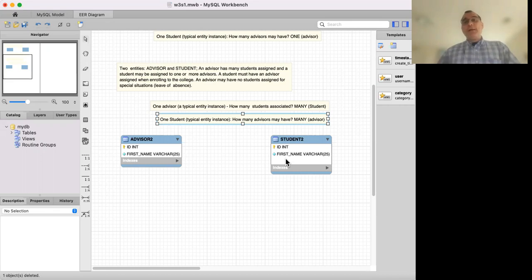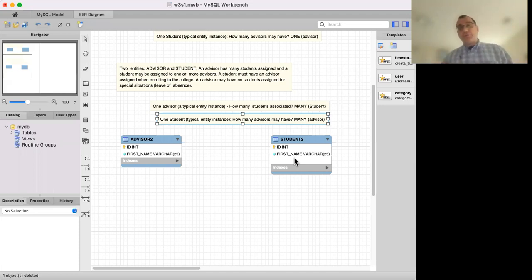So putting a foreign key in any of them or in both of them will not allow me to put for an advisor or a student all the matches that were performed. So that's why I need another entity in which I will put only these matches.